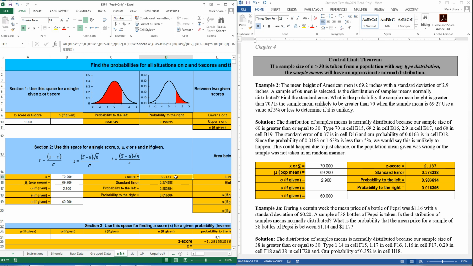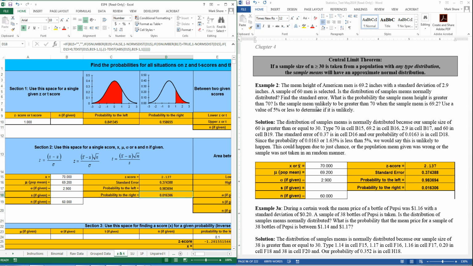The z-score was calculated using the formula that we used last time, x bar minus mu times the square root of n over sigma. That gives you a z-score of 2.137, and the probability to the right, because it says greater than 70, is 0.016, and that would be the answer to that problem.